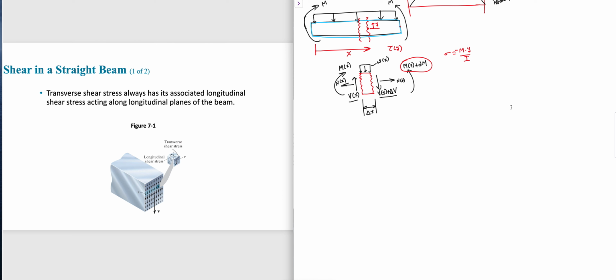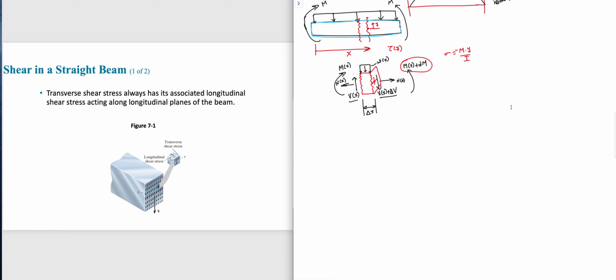First of all, let's do one thing. Let's identify where is the centroid of the cross section. Let's say this is where the centroid is. So this is the point where we have the centroid.